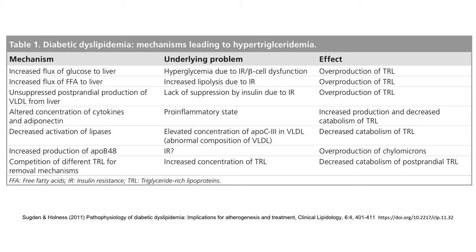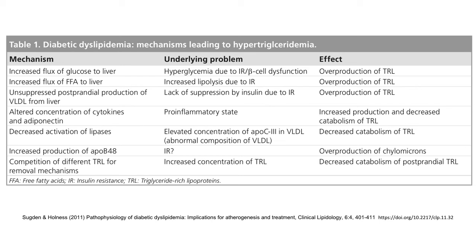LDL stands for low density lipoproteins, HDL stands for high density. And these do very different things in the body, in that the high density tends to be a little bit protective, whereas the low density is associated with accelerated clogging of the arteries, atherosclerosis, et cetera. And so are triglycerides. So we want to keep triglycerides down, LDL down, and HDL up as much as possible.